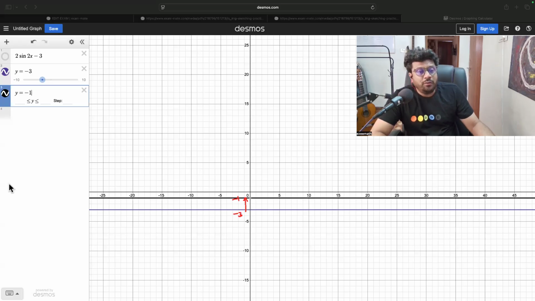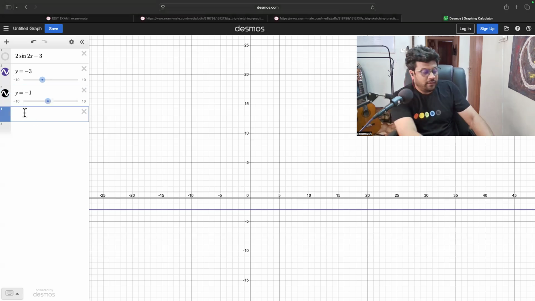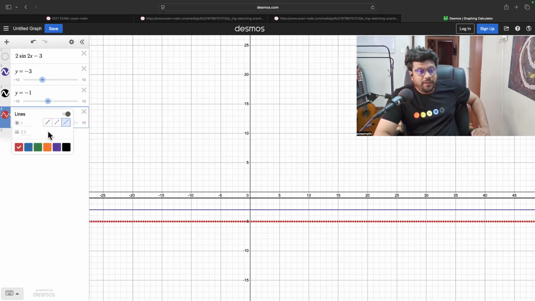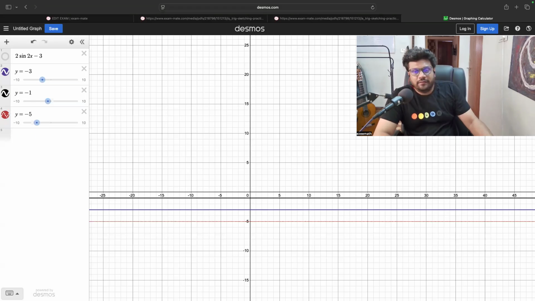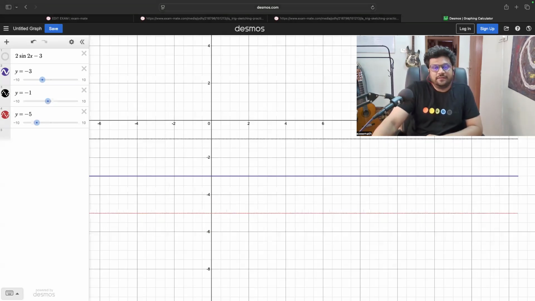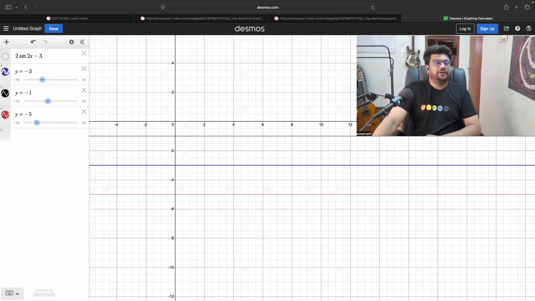How low will it go? 2 units down from minus 3. Well, it's going to get to y equal to minus 5. There it is. These are the guidelines for me to draw the curve. I'm going to make these a little light, let's say there. These are going to serve as the guidelines.